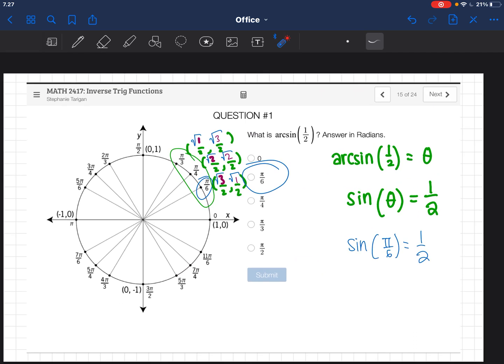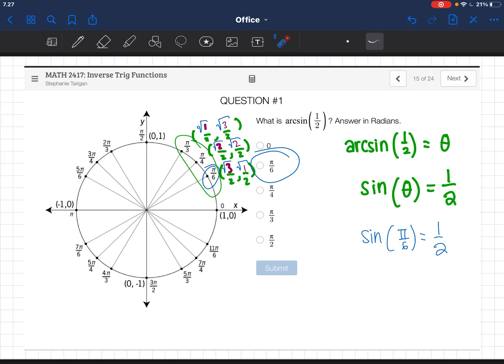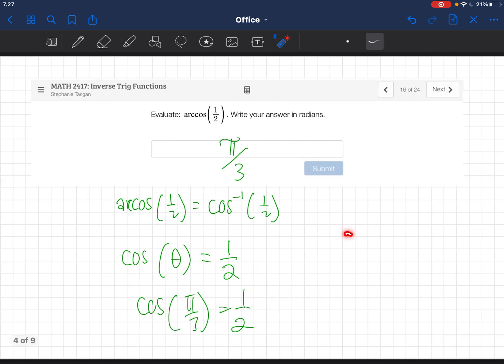So here, technically, this is saying that when theta is between 0 and pi over 2. Okay. This one here as well, 0 and pi over 2. So we're just looking at that first quadrant.